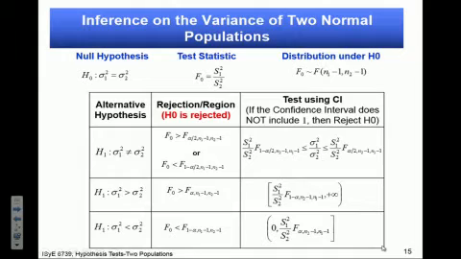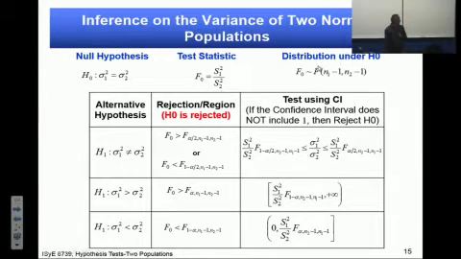Hypothesis testing for the variances of 2 normal populations. As you can see, this is the null hypothesis, this is the alternative hypothesis, and we said we use the F statistic because we know under H null, S1 squared divided by S2 squared follows an F distribution with n1 minus 1 and n2 minus 1 degrees of freedom.